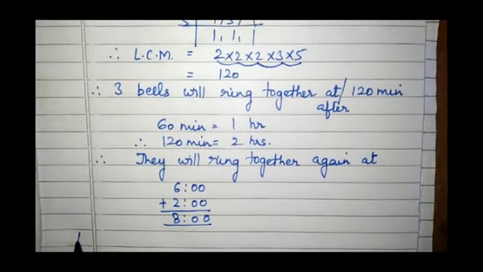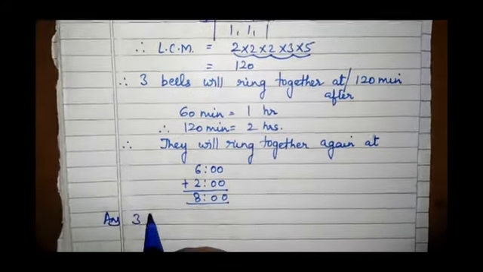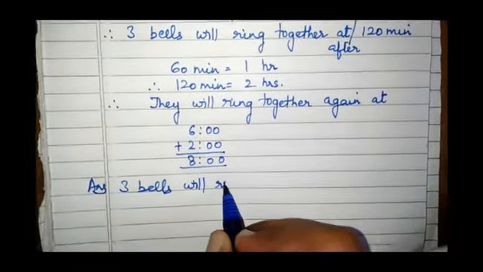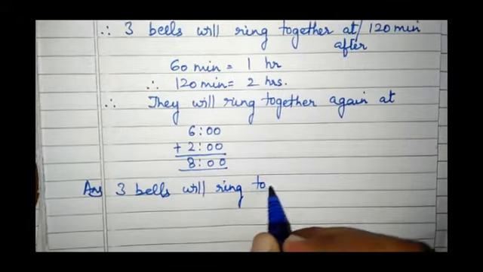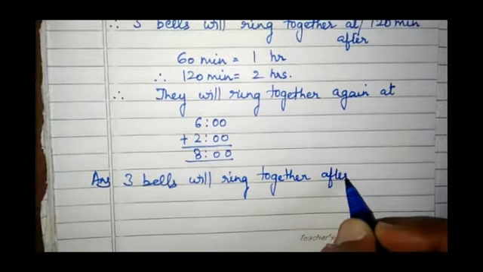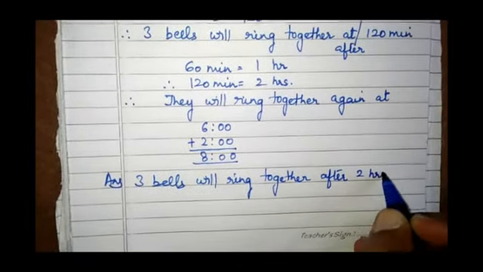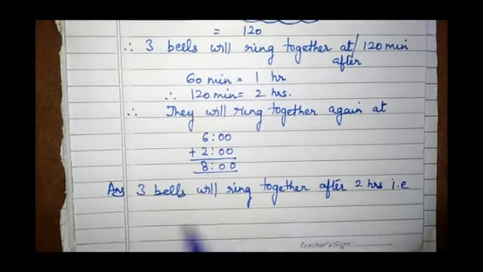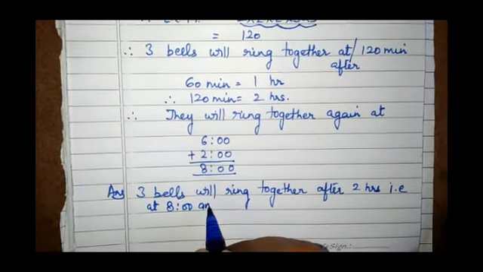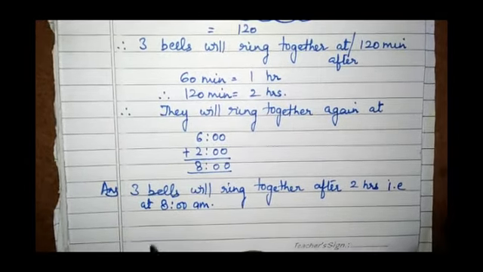Okay. So you will write the answer as: 3 bells will ring together after 2 hours, that is at 8 a.m. Right? Like this, the question will be done.